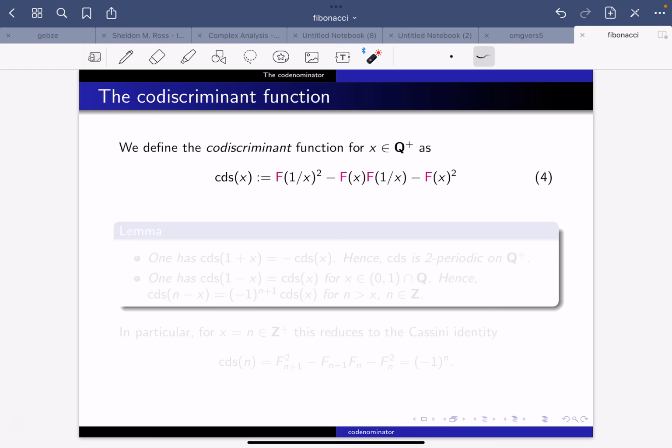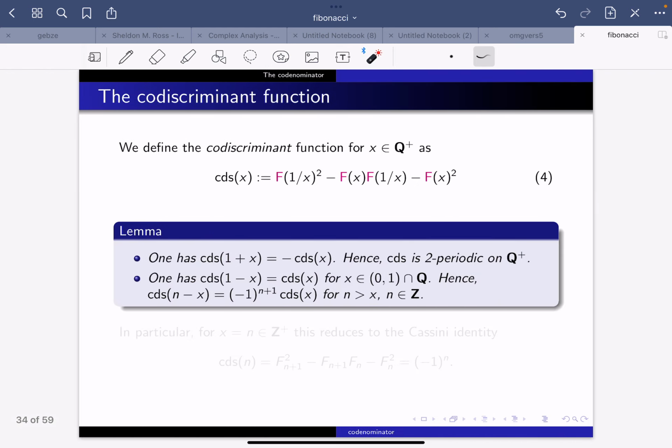We also introduce another function, which is quite useful when dealing with the codenominator function. It is called the codiscriminant function. It is f of 1 over x squared minus f of x times f of 1 over x minus f of x squared. We can easily show that, first of all, this function is two-periodic.